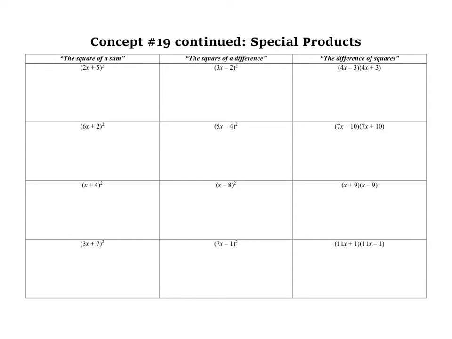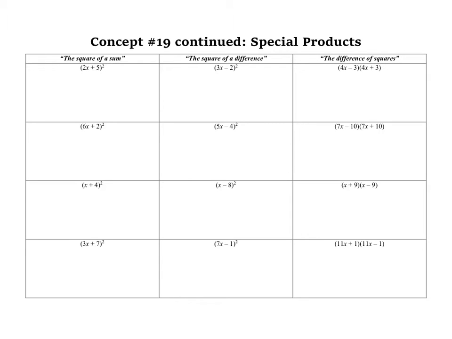These look like they're being squared, but they're different. The signs are different, right? We've got 4x minus 3 times 4x plus 3, and then 7x minus 10 times 7x plus 10. They have the same terms, except one of them has a subtraction and the other one has an addition sign.